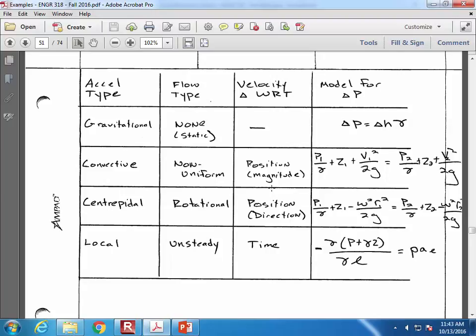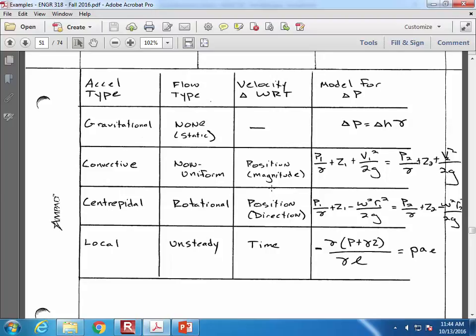What we're talking about with convective acceleration is the magnitude of velocity that's changing with respect to position. And what we use for that is Bernoulli's equation: P1 divided by gamma plus Z1 plus V1 squared divided by 2g is equal to P2 divided by gamma plus Z2 plus V2 squared divided by 2g.